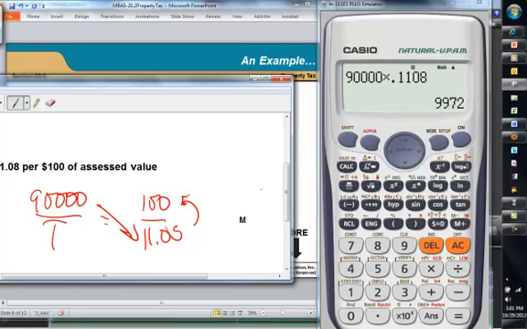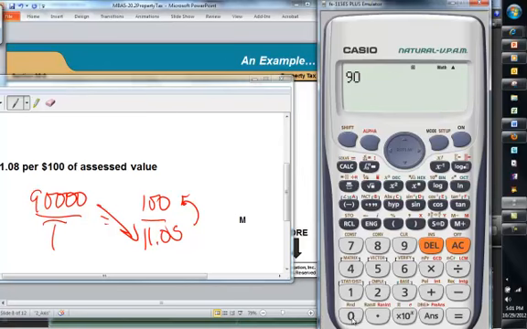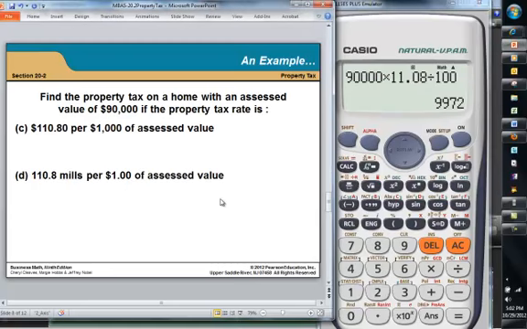We take 90,000 times 11.08 divided by 100, and you get $9,972, which is what we said before. Same thing here, except that it would be divided by 1,000 and multiplied by 110. 110 mils, you would multiply by 0.1108 because you have to move the decimal point 3 places.